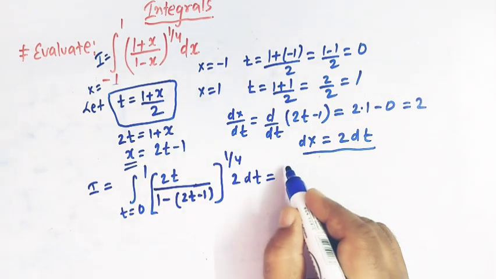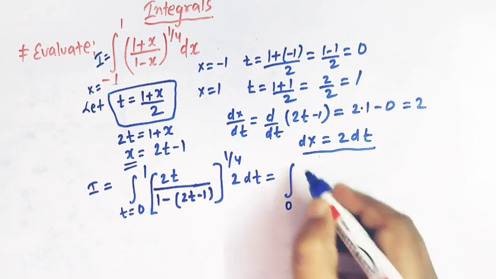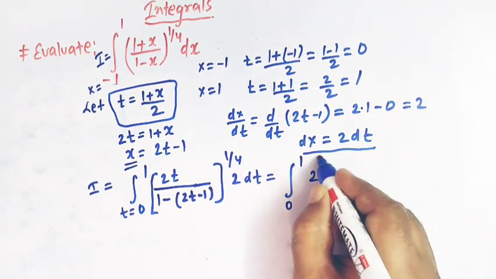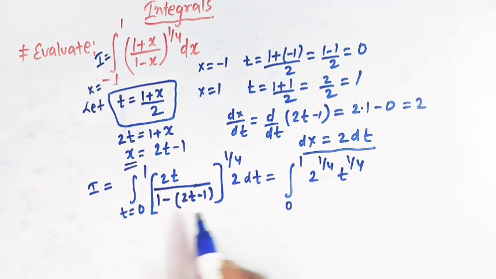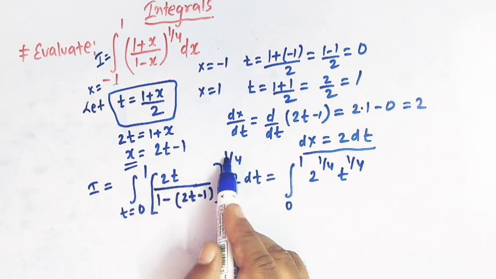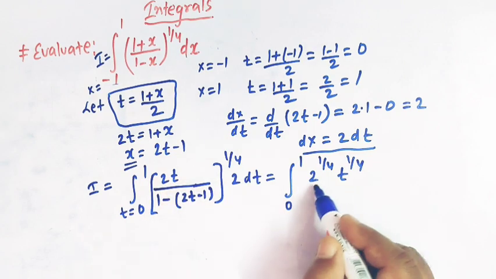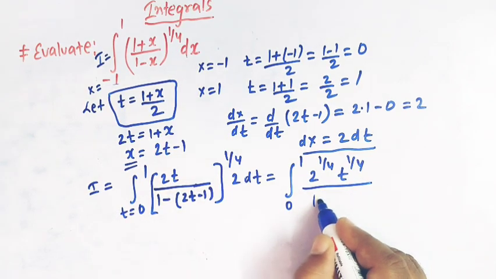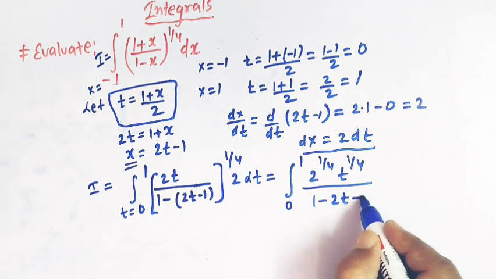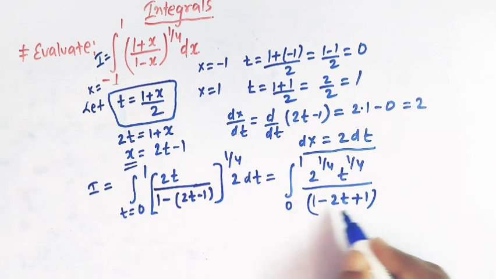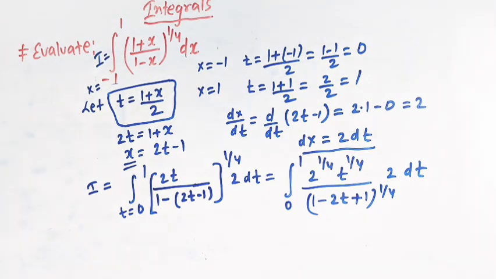Okay, so now we can simplify this expression. So we have 0 to 1, and here we have 2 raised to 1 by 4, then we have t raised to 1 by 4, right? Because see, we are distributing this power 1 over 4 into 2 and t, right? And here we have 1 minus 2t, 1 minus 2t, minus minus becomes plus. So here we have 1, and here we have 1 over 4, and here we have 2 dt, right?